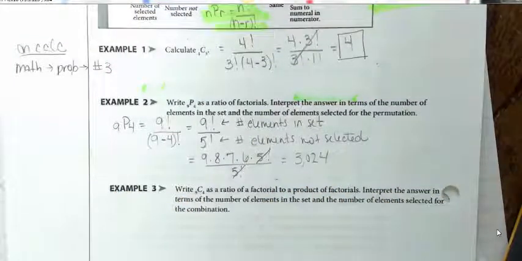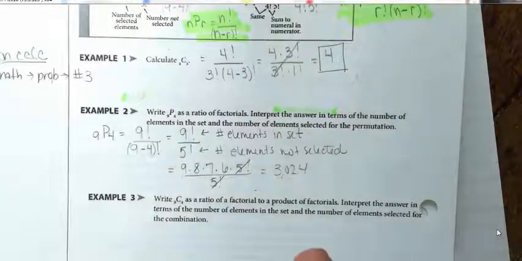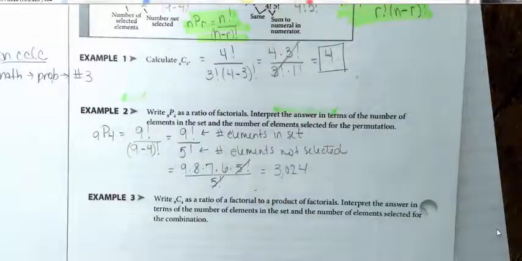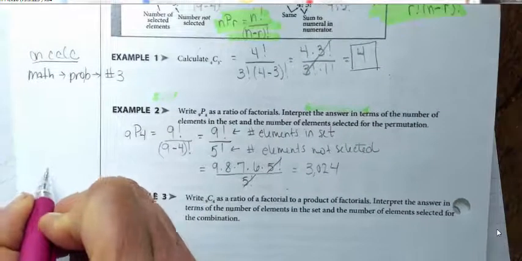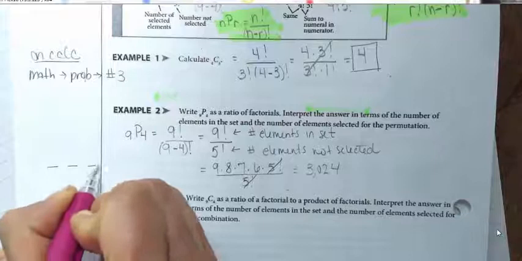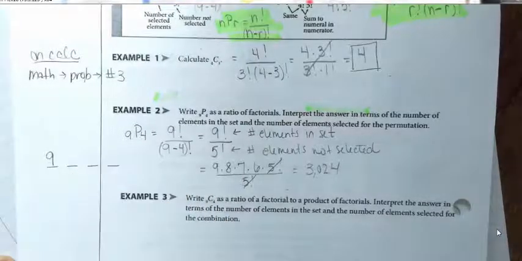And you could do this another way. So you could say to yourself, I have 9 things. So when I choose my first thing, I have 9 different options to choose from, right? So you could say, if I want to choose 4 different things, I could do it like this. For the first thing, I have 9 options available to me.